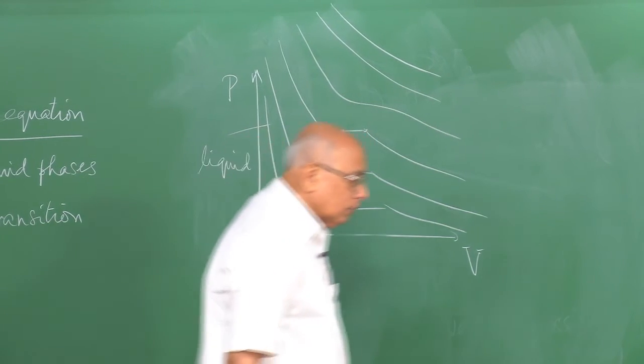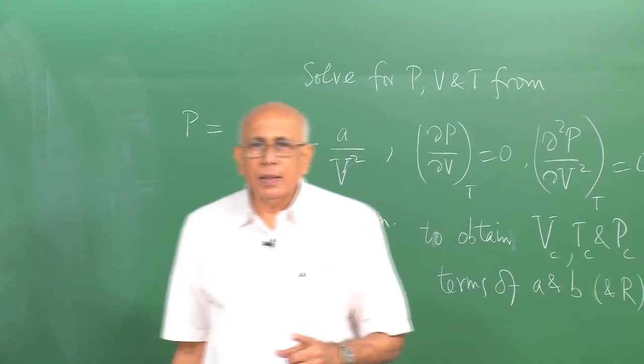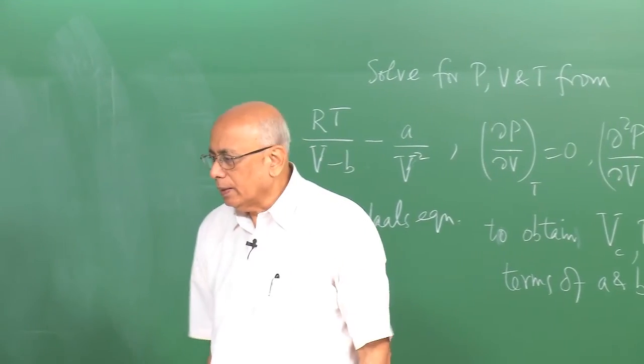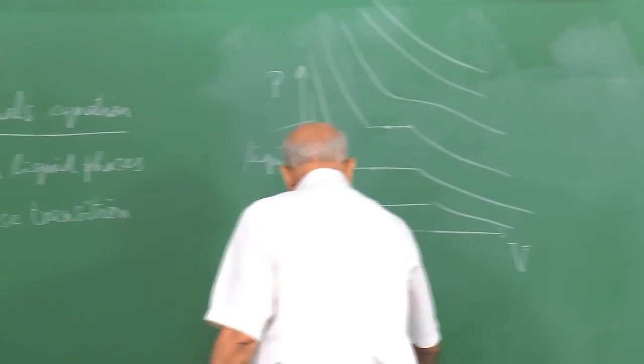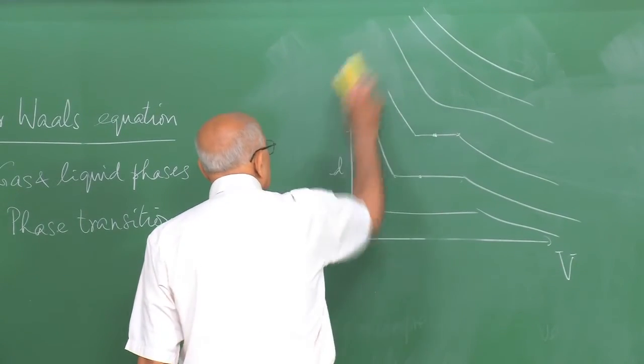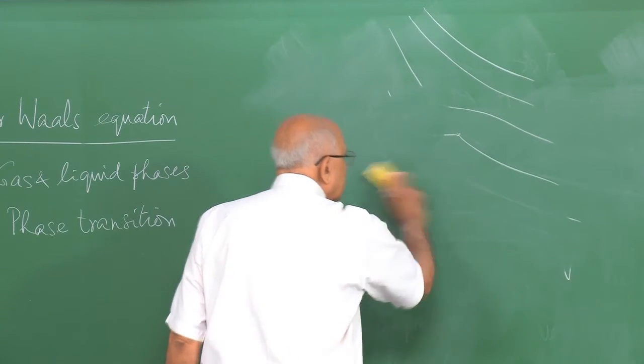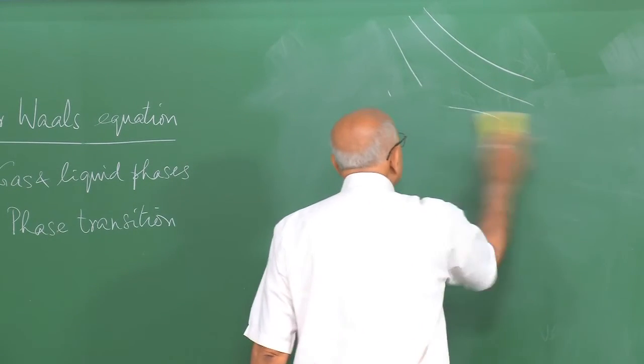The next thing we have to do is to ask what does this look like in a plane other than the PV plane. Suppose we did this in the PT plane, what would happen? And that brings me to the next topic, which is the change of state that materials undergo.